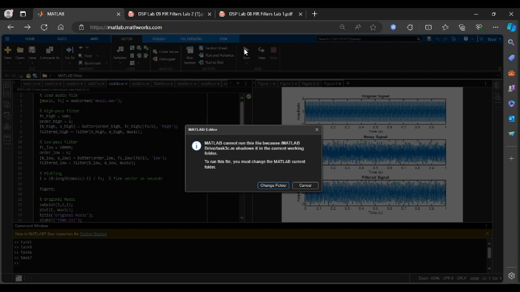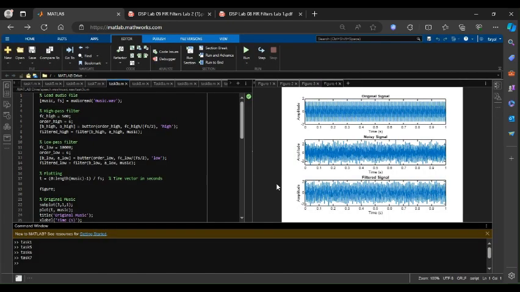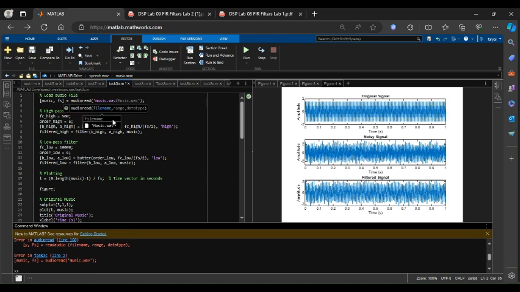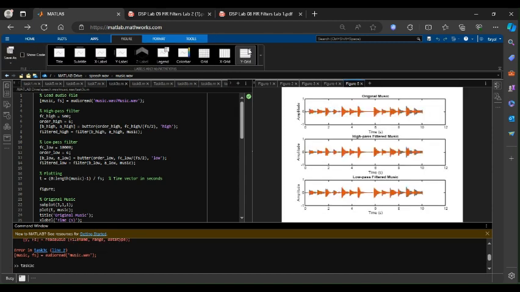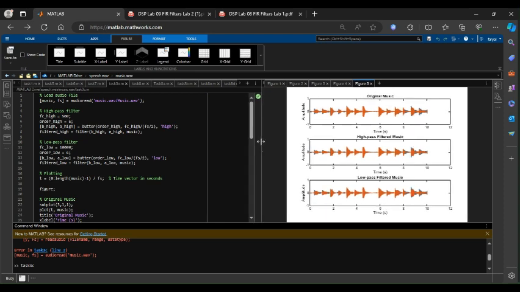Yes, and here is the output to this task. In this task, the speech signal is loaded from an audio file using audioread.